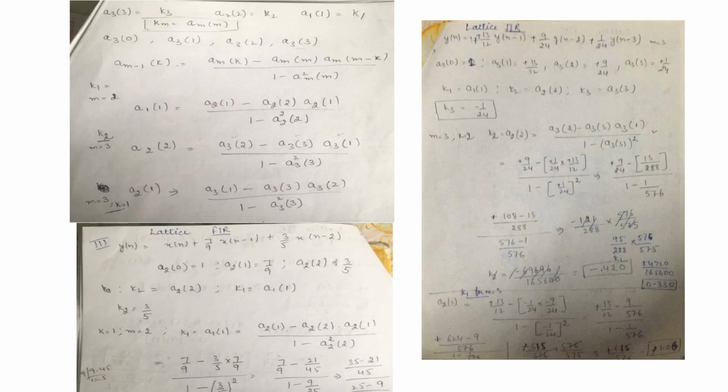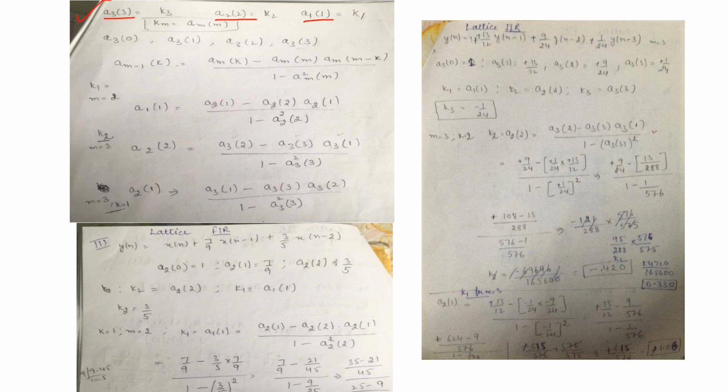In this diagram, see this figure. Here you have to calculate the values of constants. How will you calculate the values of these constants? See, A1 of 1 is denoted by K1, A2 of 2 is denoted by K2 and A3 of 3 is denoted by K3.